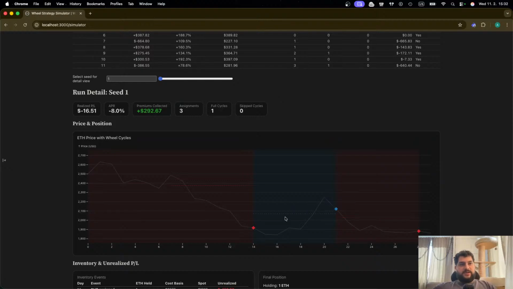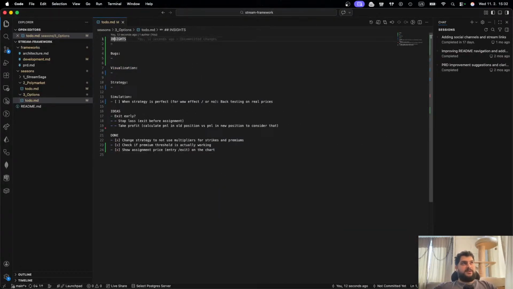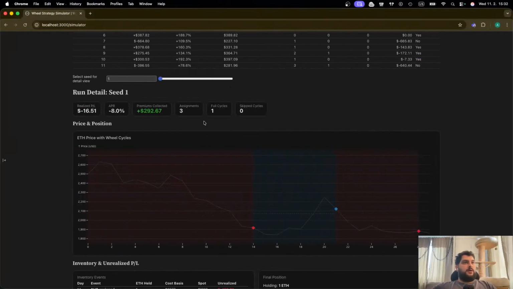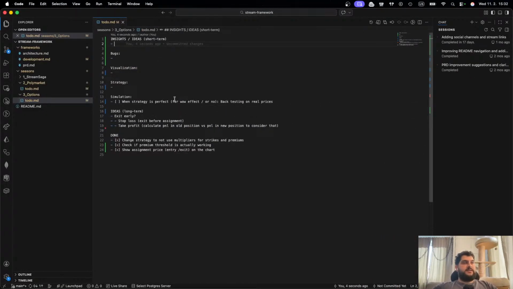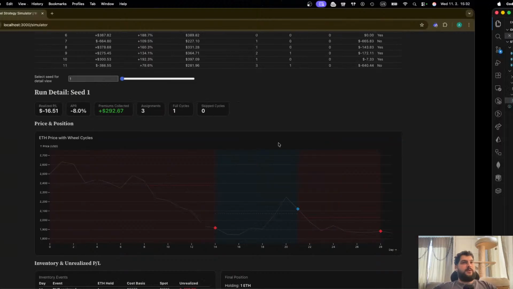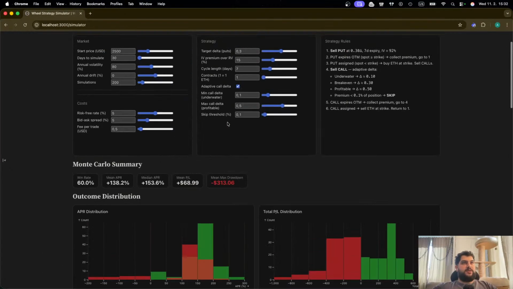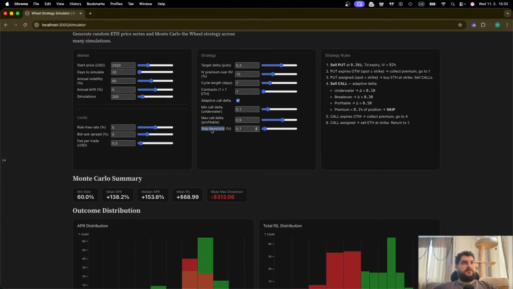So yeah, first idea here, first insight or idea. Just explaining what is the difference here. So first insight, yes, is to just increase the skip threshold.